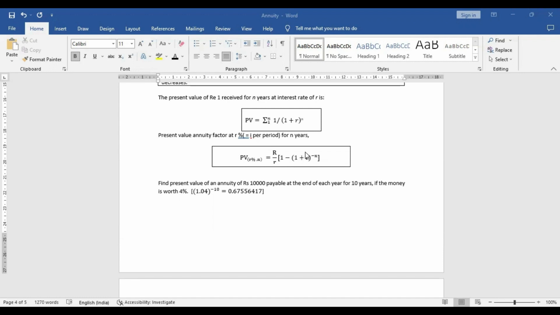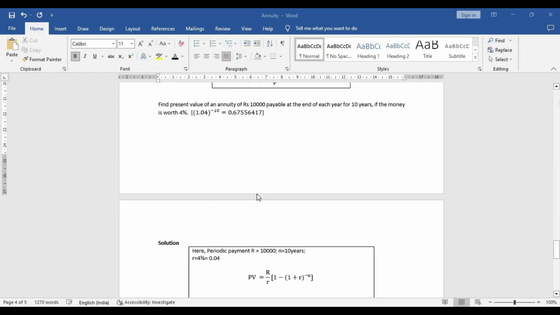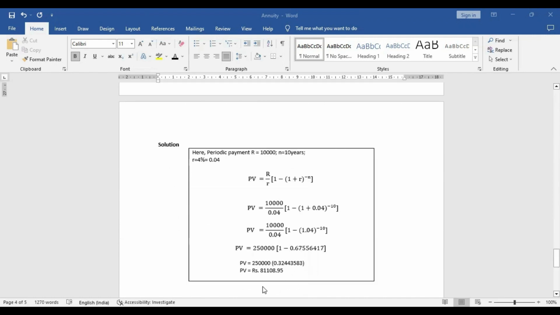The value of this portion has been given as 0.67556417. Big R is 10,000, small r is 4%, and 1 minus this value. We are able to receive the present value of annuity after 10 years itself. That will come to somewhere around 81,108 rupees.